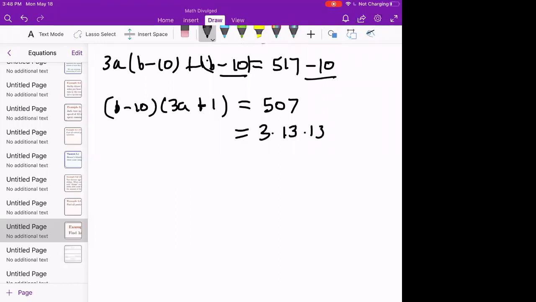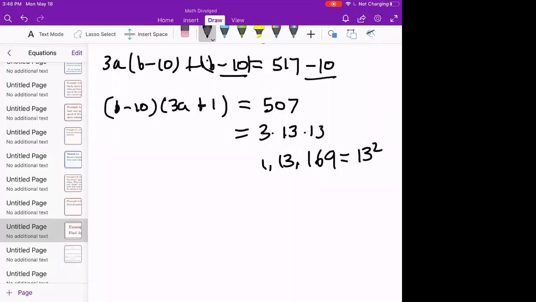And that's important because that means most of the factors of 507 are going to be multiples of 3. The only ones that aren't are going to be 1, 13, and 169, which is 13 squared. And the rest are all going to be multiples of 3.